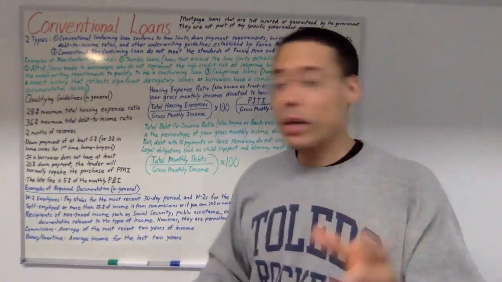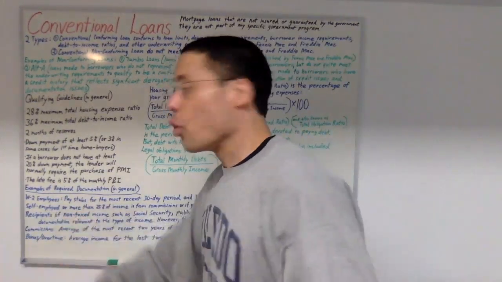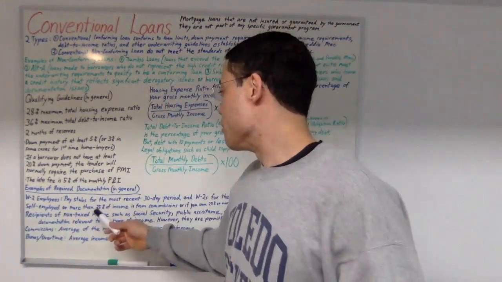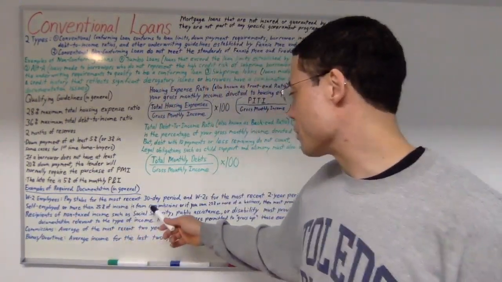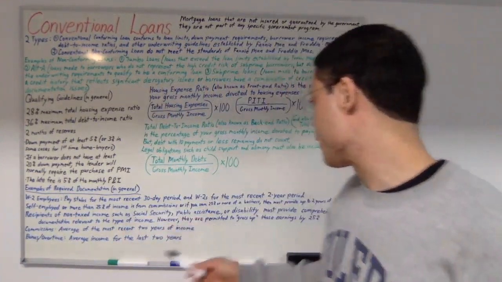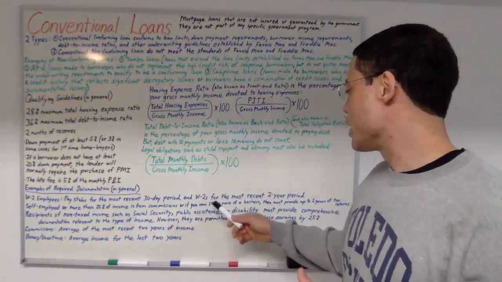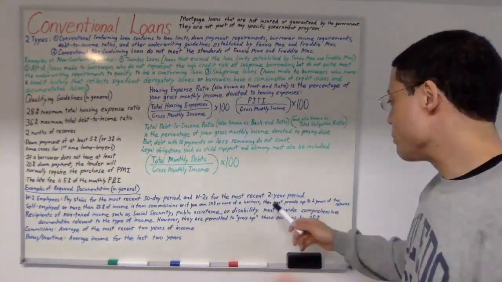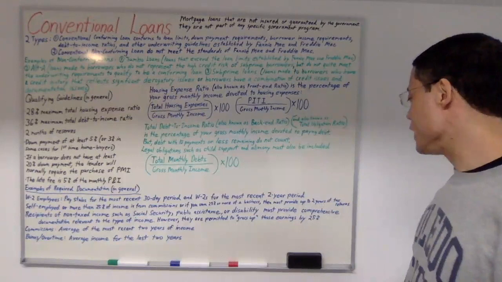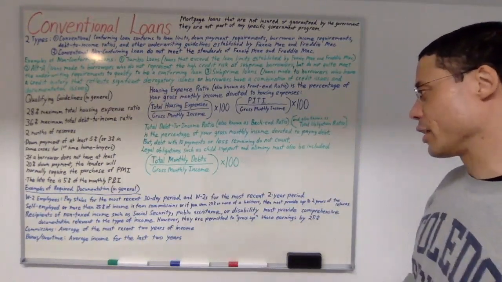If the borrower is self-employed, or has more than 25% of his or her income from commissions, or owns 25% or more of a business, then they must provide up to 2 years of their tax returns.